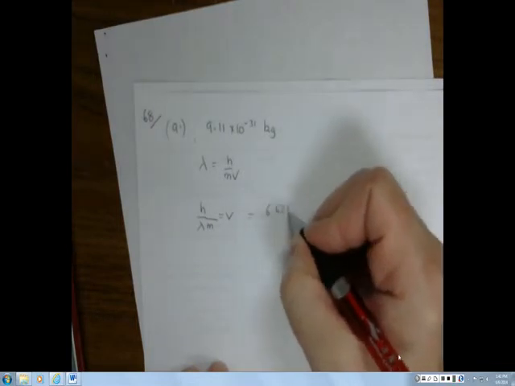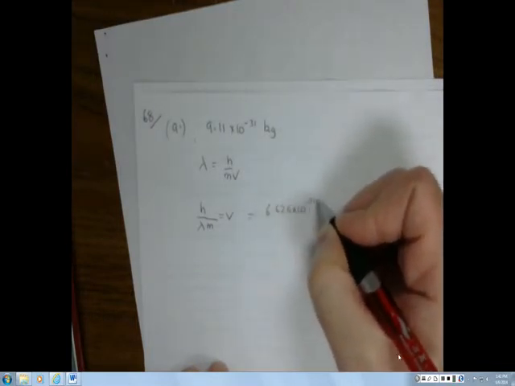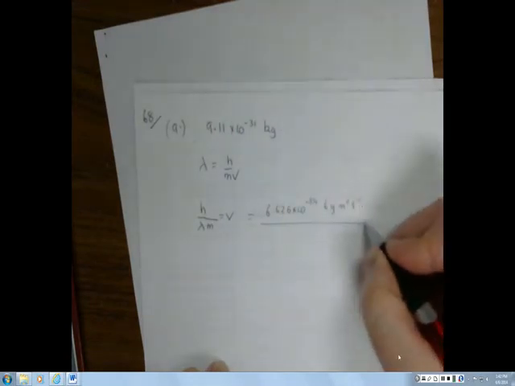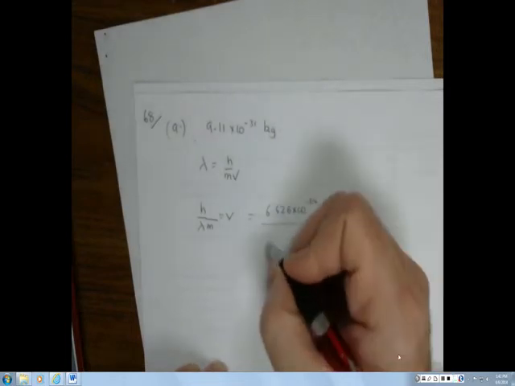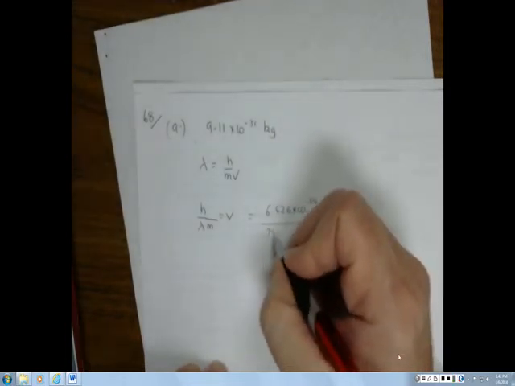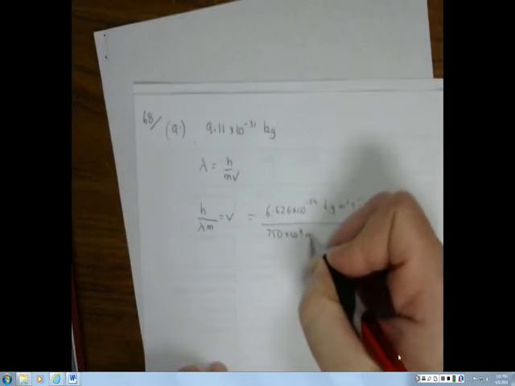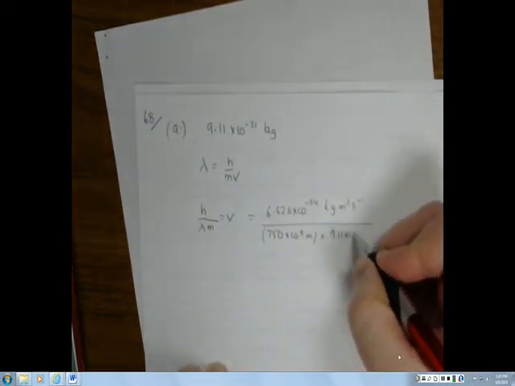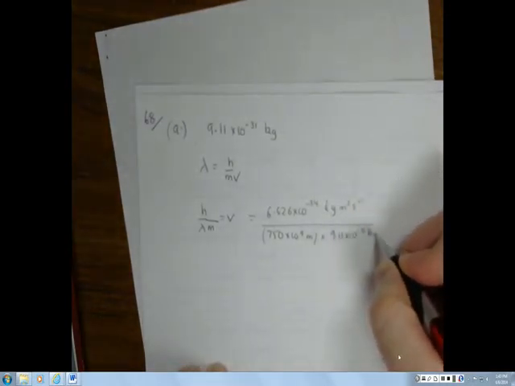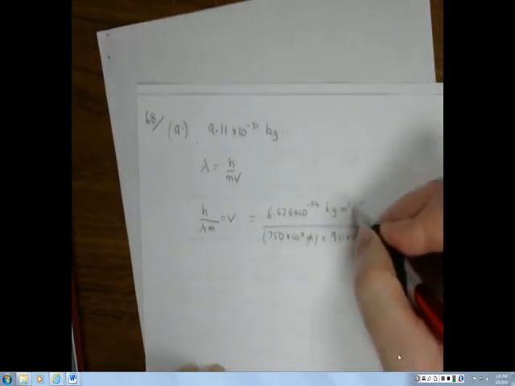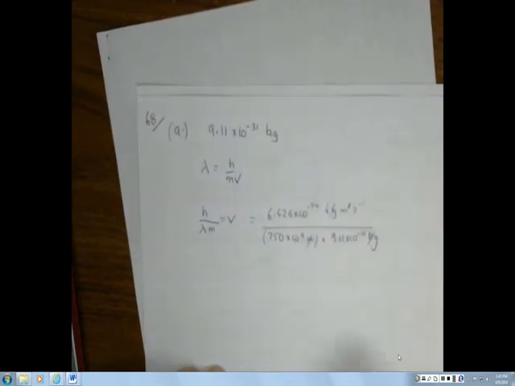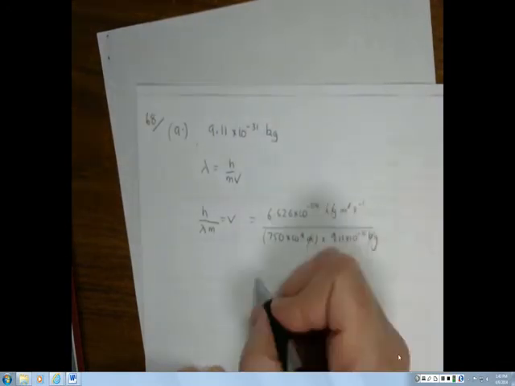So 6.626 times 10 to the minus 34 kilograms meters squared per second divided by our wavelength of 750 by 10 to the minus 9 meters, and our mass is in kilograms, so it's 9.11 times 10 to the minus 31 kilograms. Let's see what we got here. One of the meters goes, kilograms go. So it leaves us with meters per second, which is what we wanted for velocity.